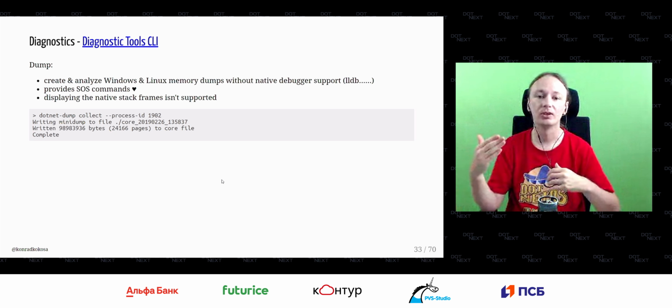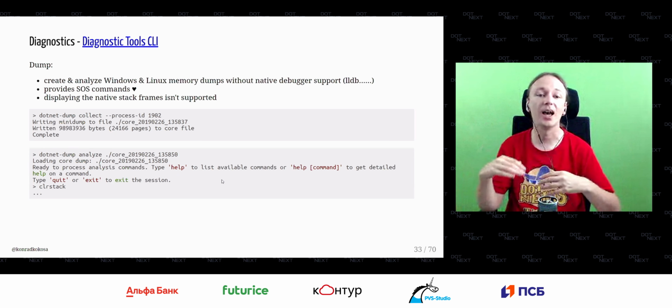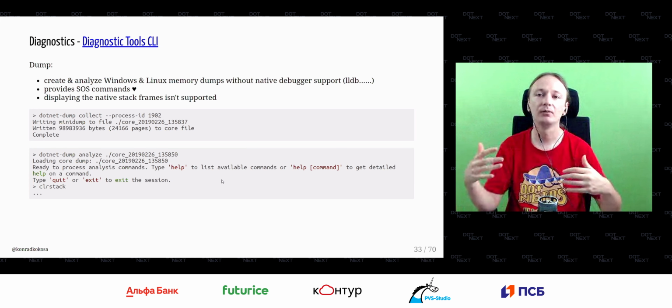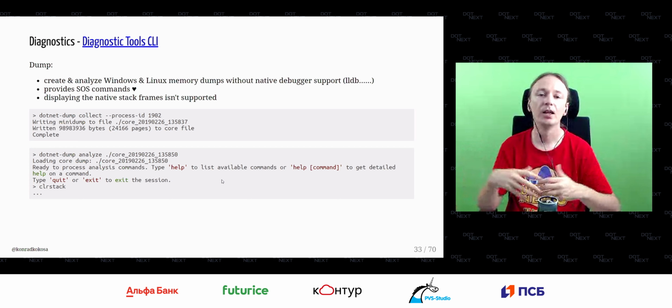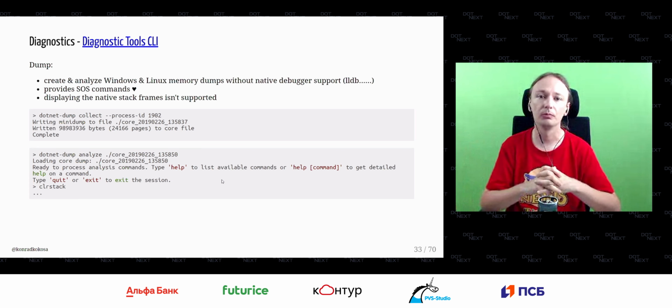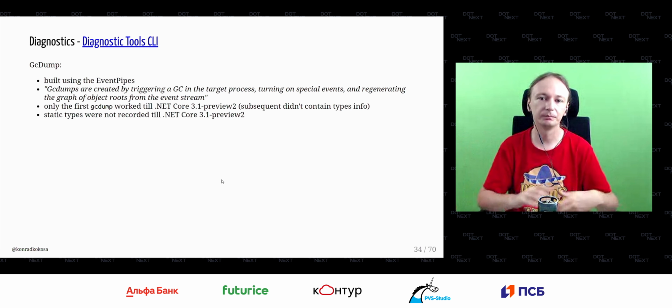Moreover, and this is an even more powerful capability, you have the analyze tool, where you can say dotnet-dump analyze the given dump, and then you have this whole API of the so-called SOS extension. If you have ever used WinDbg before, this is exactly that. It allows you to analyze memory dumps on Windows, Linux, and as far as I know also on macOS, but I'm not sure. This is a very nice, convenient thing.